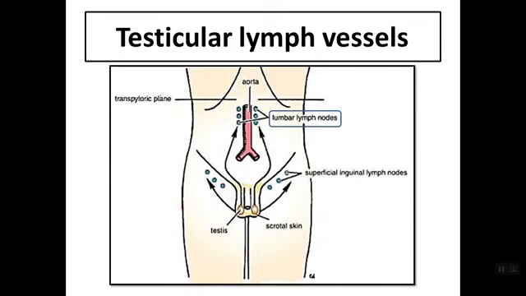What are the lymphatics that pass through the spermatic cord? They are the lymphatics that drain the testis and epididymis.